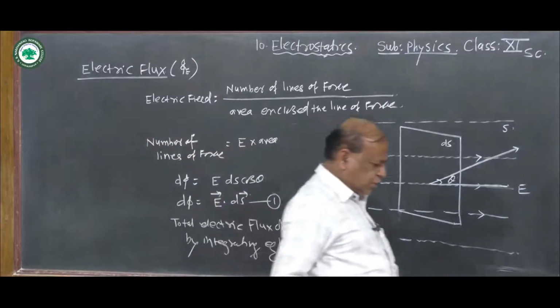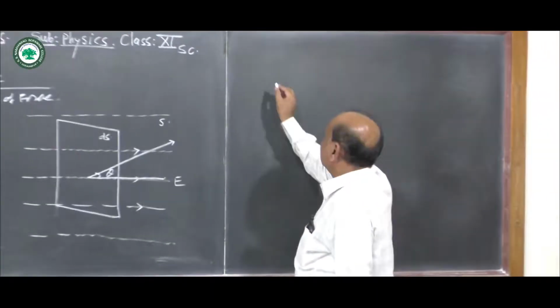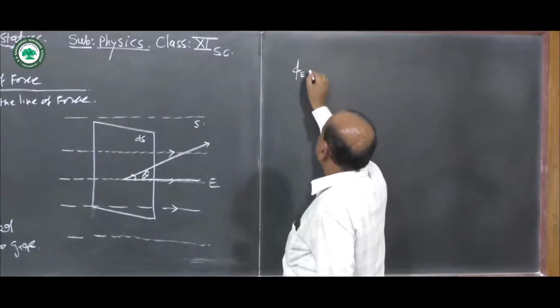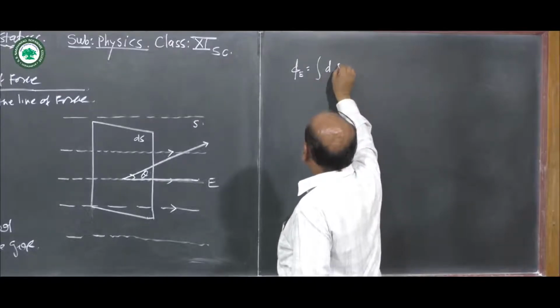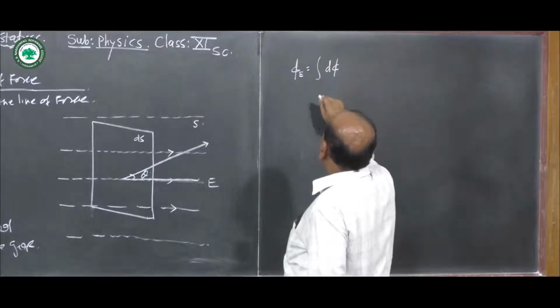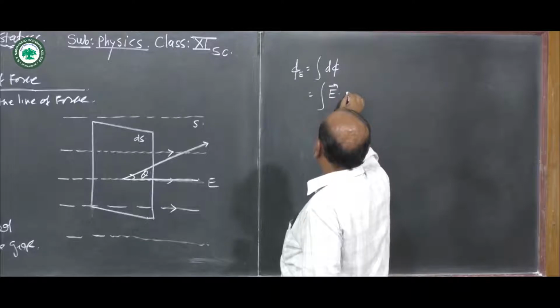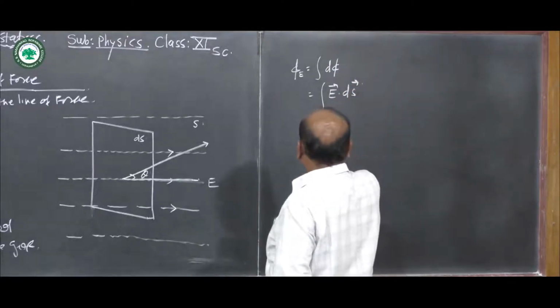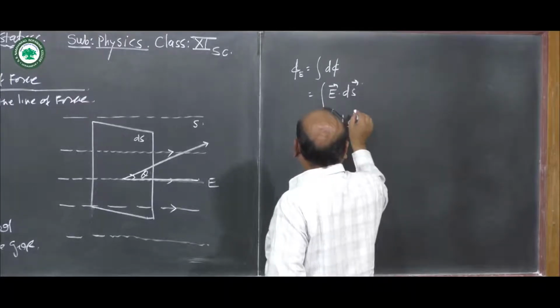We integrate equation 1. The total electric flux phi E is equal to the integration of d phi, which is equal to the integration of E dot ds bar, which is E into the integration of ds.